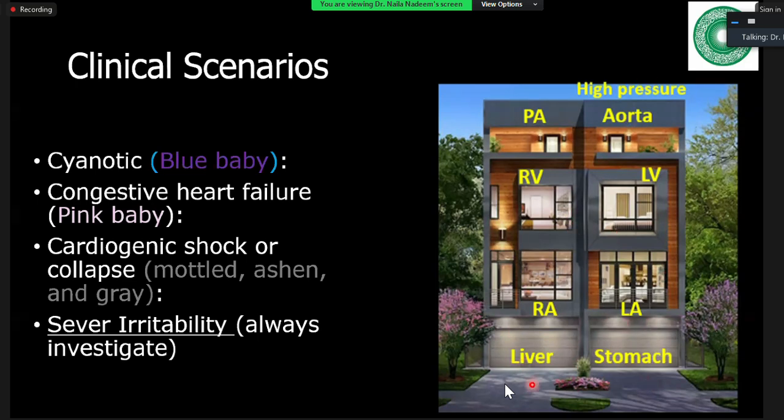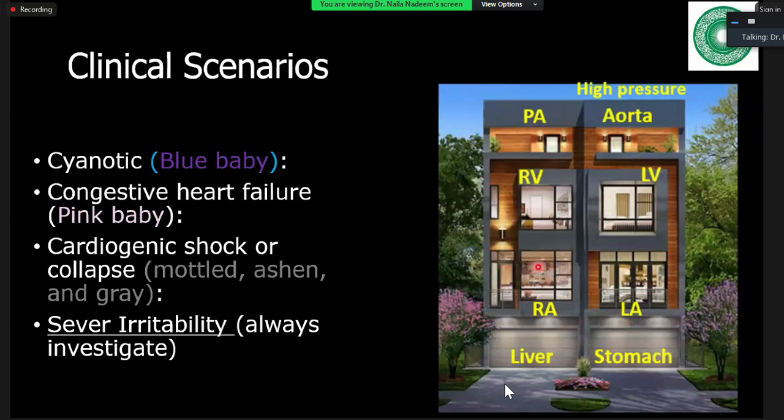The rule is that liver will be on the right side and stomach will be on the left side. One townhouse and the other townhouse, they cannot travel from one place to the other.